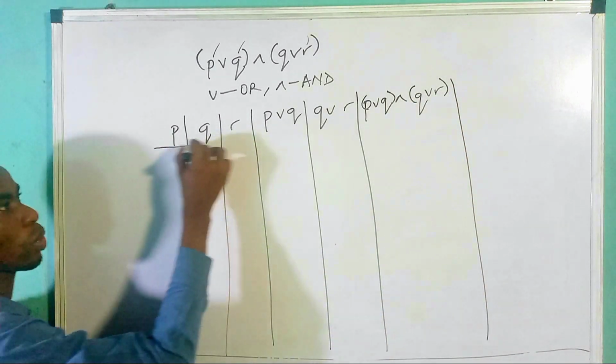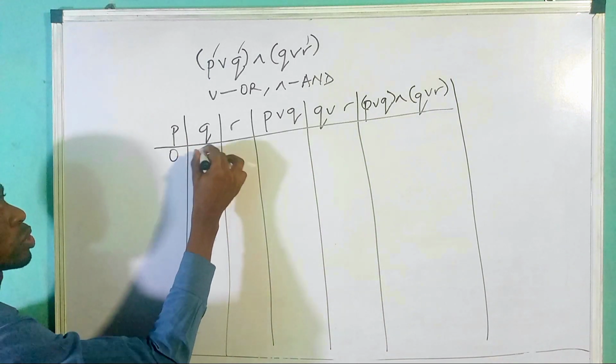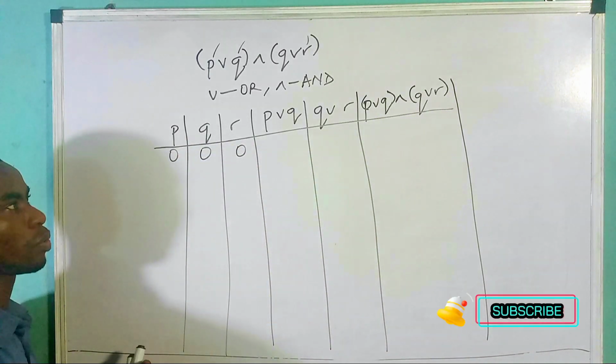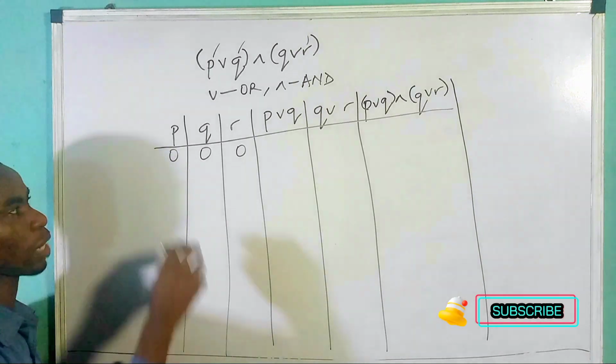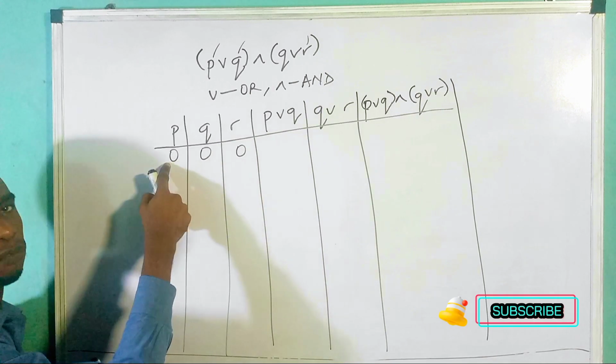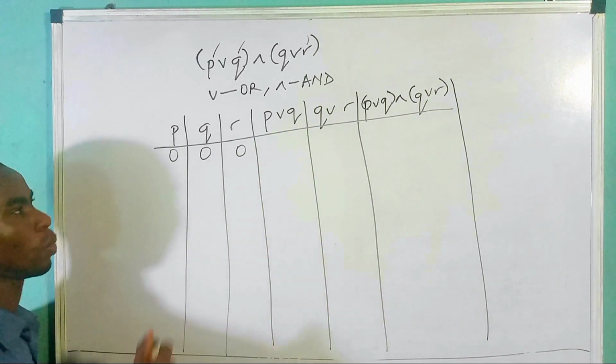Okay, so let's start working on it. The first one we're having is 0, 0, 0. Please take note, 0 represents false and 1 represents true. I could either use 0 or F for false, or 1 and T for true, but I'm using zeros and ones.